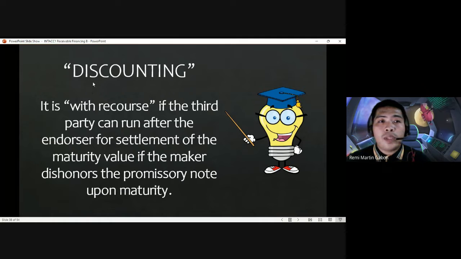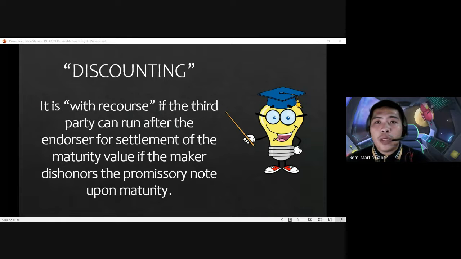So, when we say the discounting is with recourse, the third party can run after the endorser for the settlement of the maturity value of the promissory note if the maker dishonors the promissory note upon maturity. What does with recourse mean?